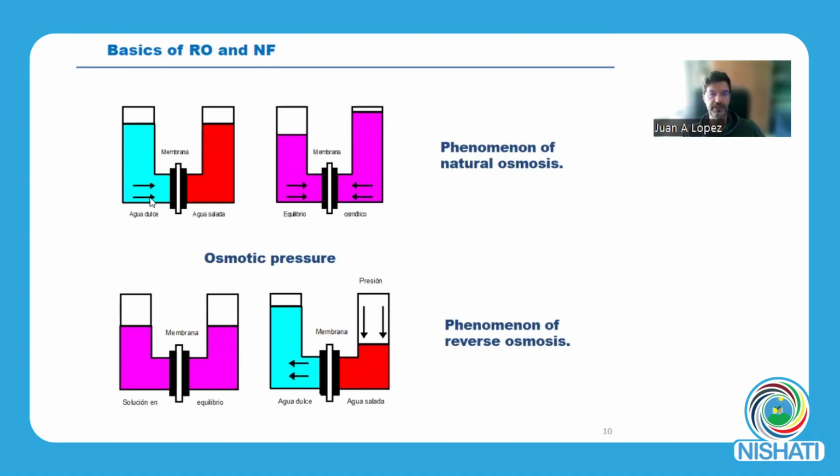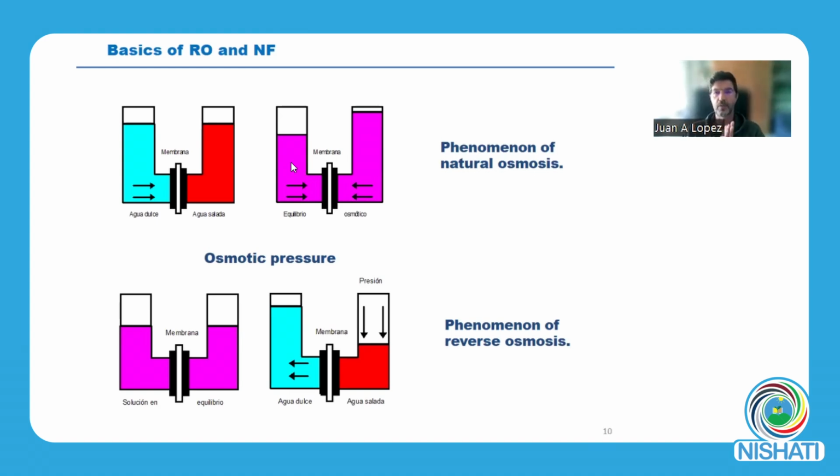If we put in the middle one membrane, a reverse osmosis membrane, the fresh water is going to pass through the membrane and dilute the salty water. At the end of this phenomenon, at both sides of the membrane, you have the same salt concentration. This is natural osmosis.